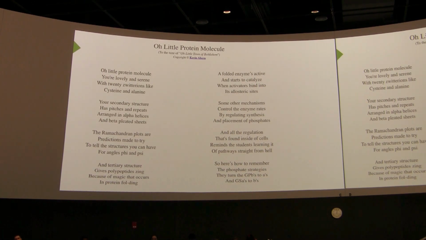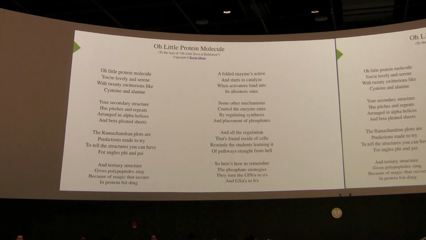Because of magic that occurs in protein folding, a folded enzyme's active and starts to catalyze. When activators bind into its allosteric sites, you'll learn this later.